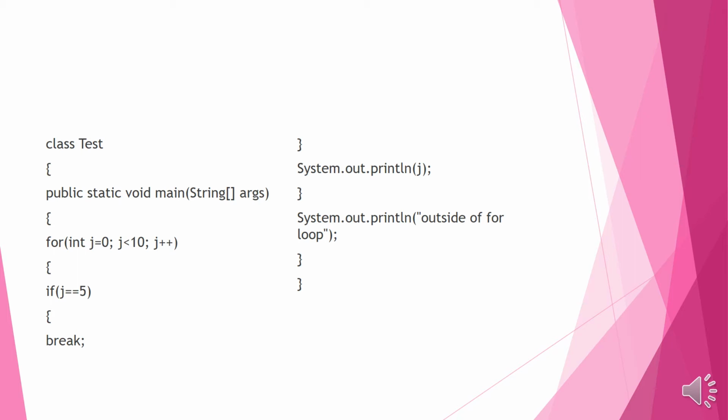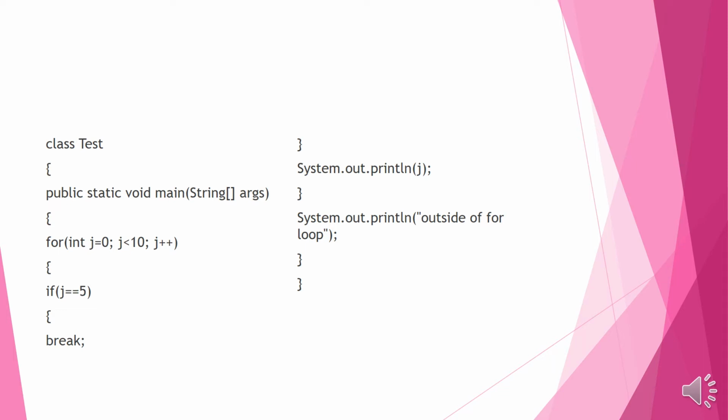Initially the value of j is 0, so the condition will be checked first. 0 is less than 10, the condition gets satisfied, and then it goes to the if statement where it is checked.